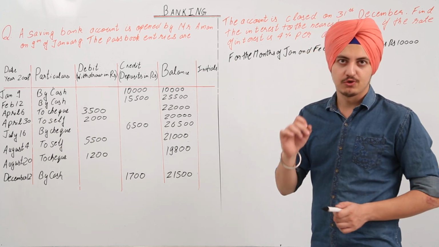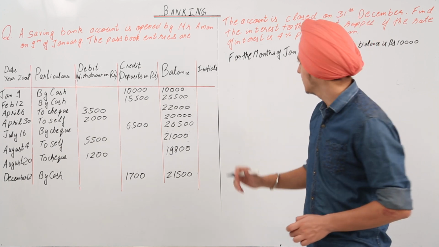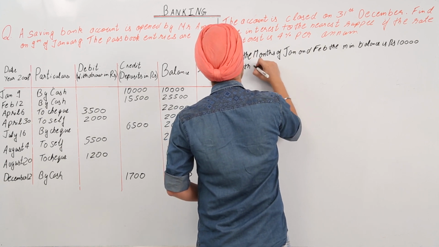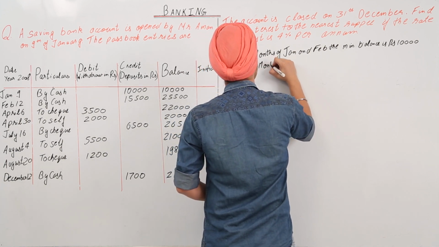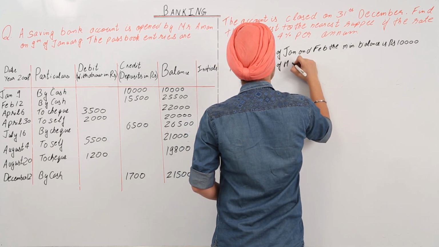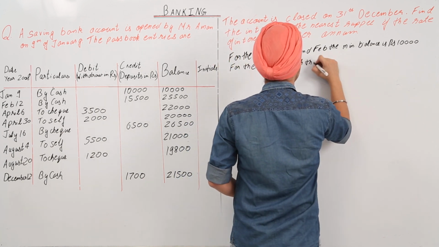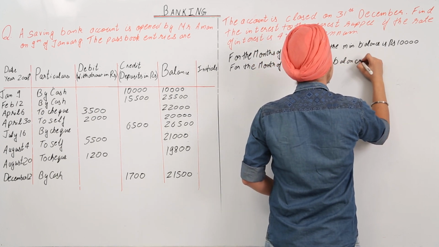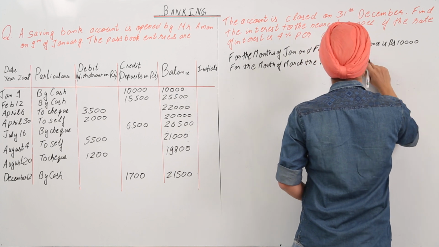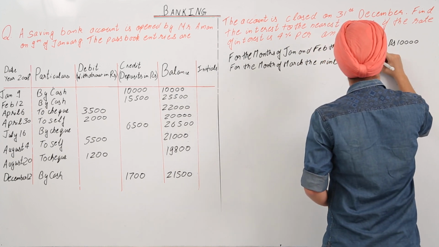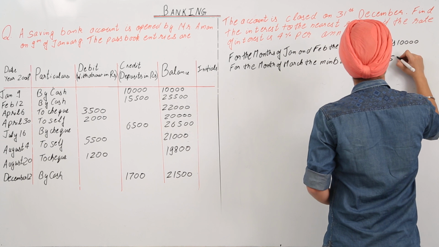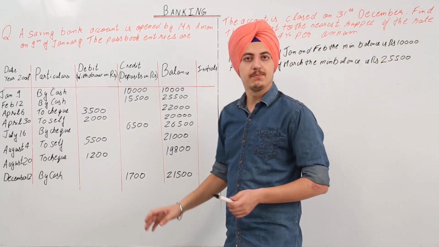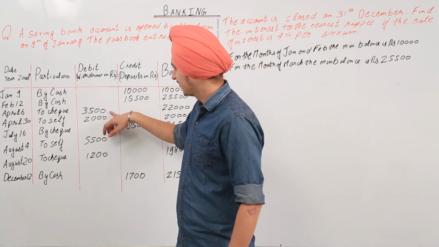So the minimum balance for the month of March is rupees 25,500.